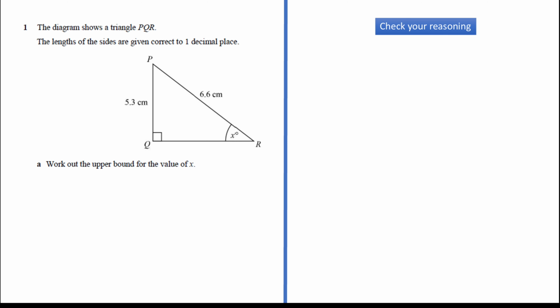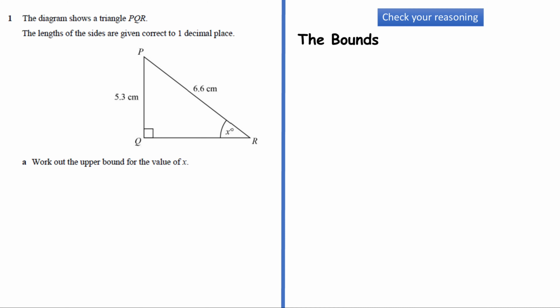We are asked to work out the upper bound for the value of the angle X. To do that, we've got to work out the upper and lower bounds of each measurement of the triangle.